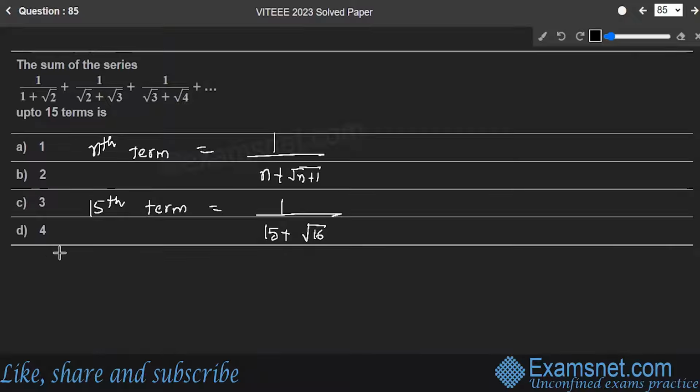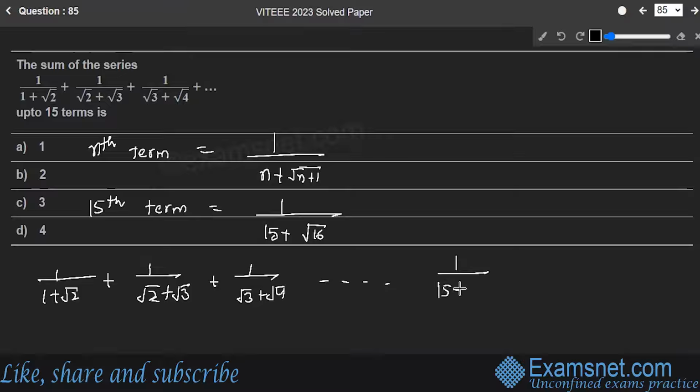Correct? Now the given series up to 15 terms will look like 1 upon (1 plus root 2) plus 1 upon (root 2 plus root 3), and so on.